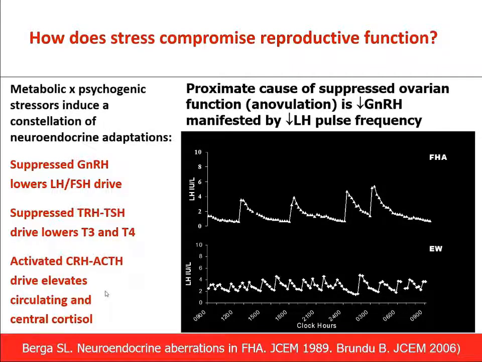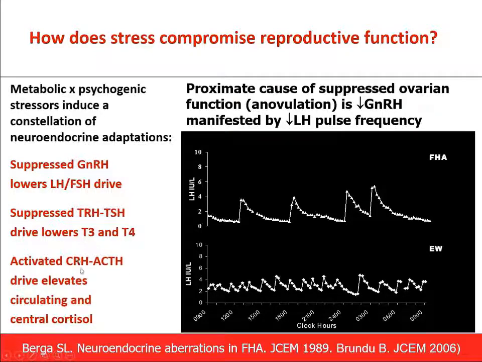So one of the secondary consequences of a chronically elevated hypothalamic pituitary adrenal axis actually is the suppression of the TRH-TSH system, which results in lower T3 and T4. This is really important to understand because these two are linked in an obligatory fashion.